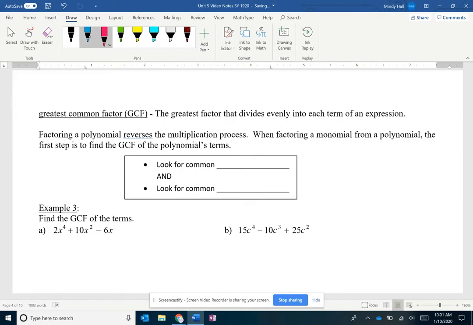You want to look for a common variable and a common factor. When we talk about looking for a common factor, that is, if I have 2, 4, and 6, I can divide all of them by 2. And then looking for common variables would be like x squared and 3x squared or something like that.